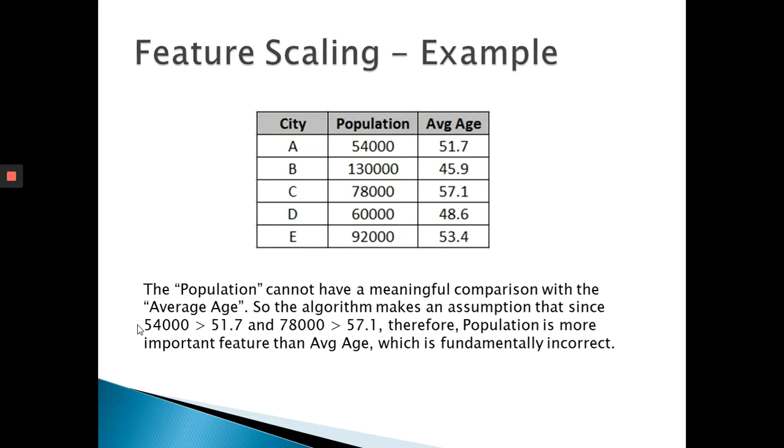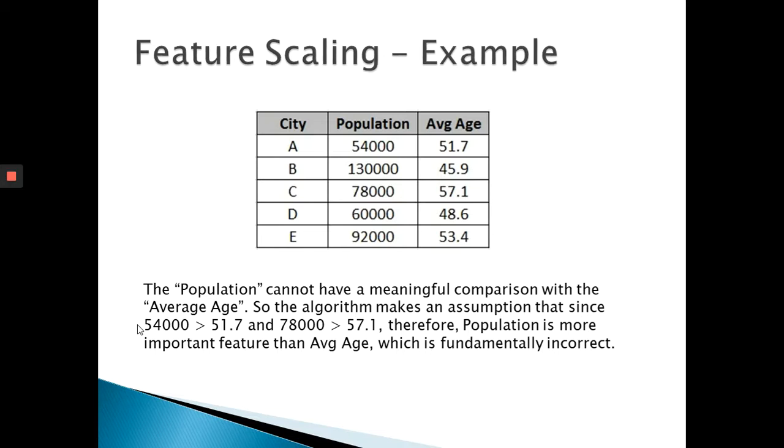Let's understand feature scaling from this example. Suppose you have this type of data set in which you have city name, population, and average age. Population and average age are the two feature variables. If you see the value in the population column, 54,000, and in the average age column, 51.7 years, there is a huge difference between them.